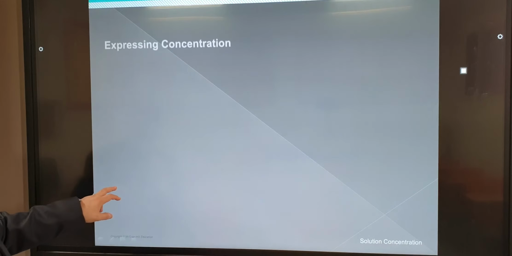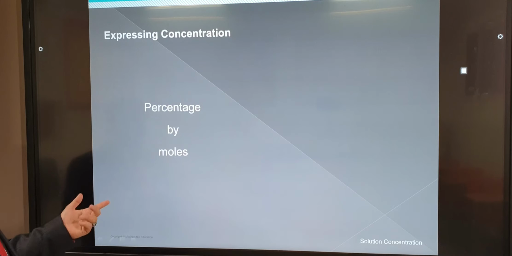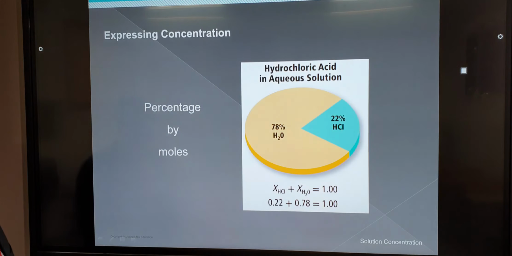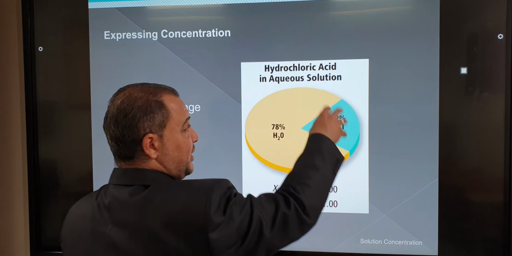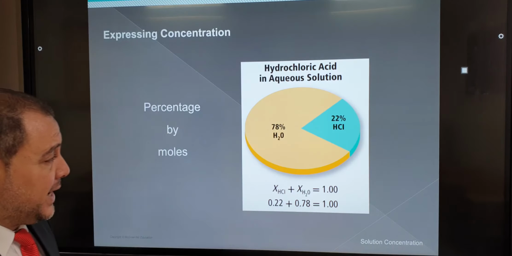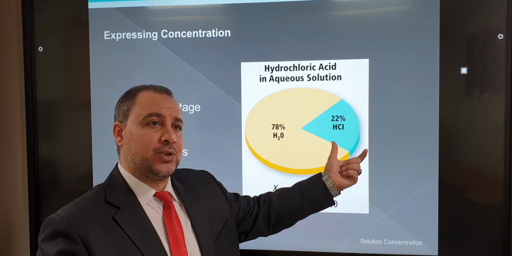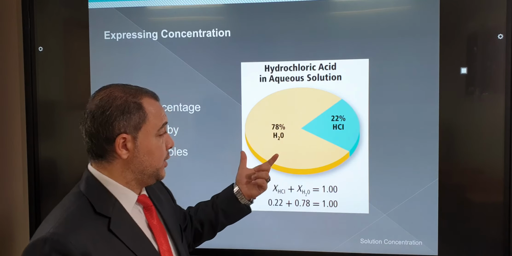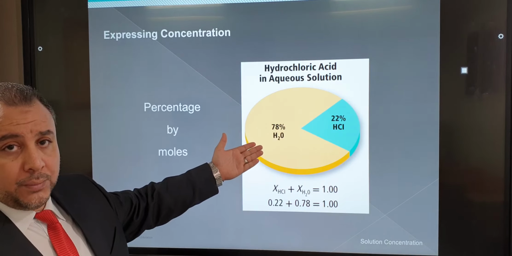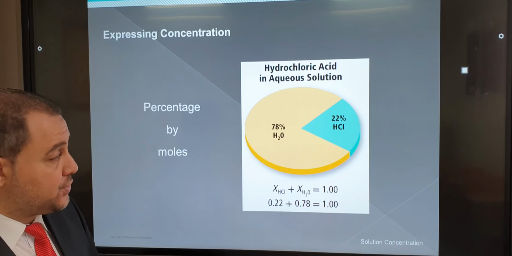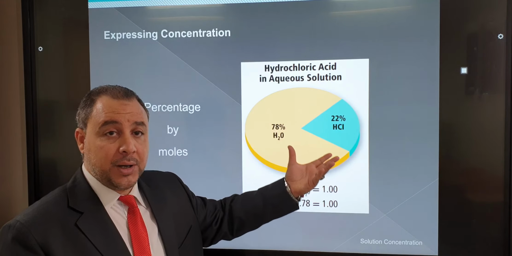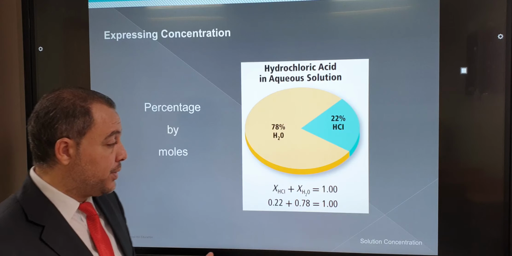Okay. After that, percentage by moles: what is percentage by moles? Take hydrochloric acid HCl in aqueous solution, so it would have water. Water H2O is 78%, while HCl is 22%.